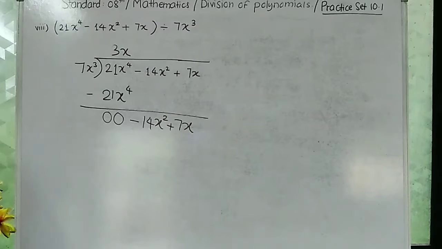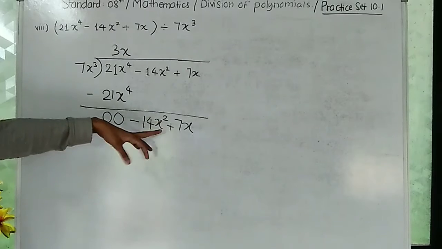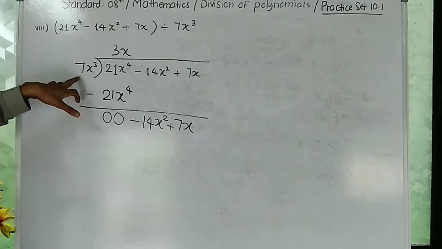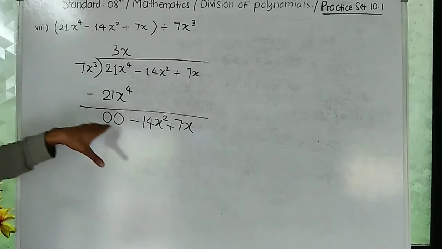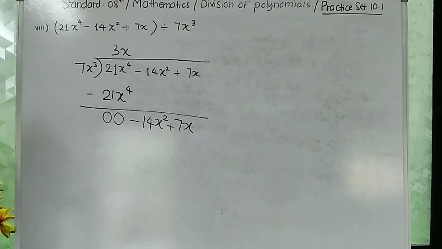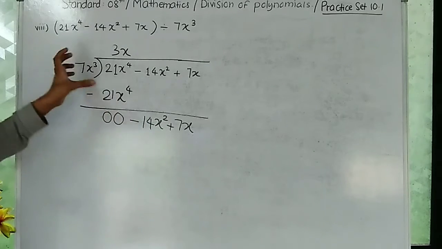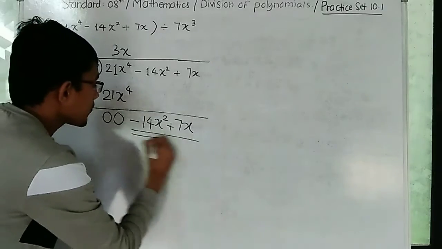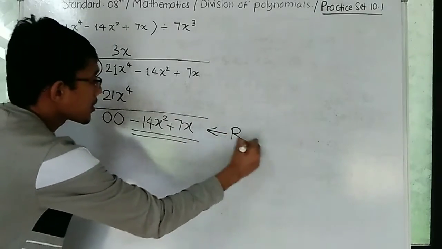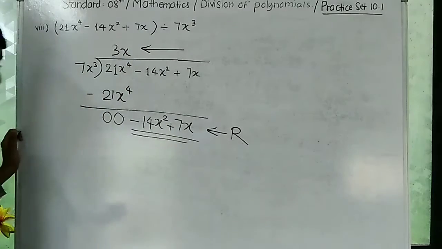Okay, now you can see the power of x in 14x square is 2, okay, and the power in the divisor is 3. Okay, so we are not going to further divide these terms, as the power of the dividend is less than the divisor. Okay, so this is going to be my remainder, and my quotient is 3x.